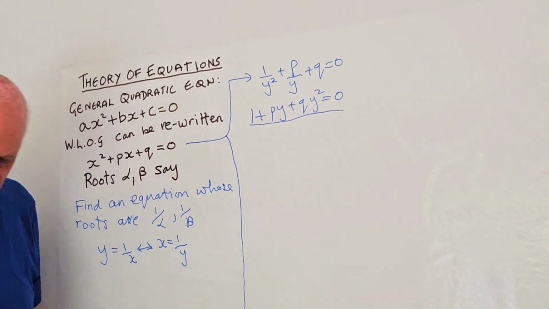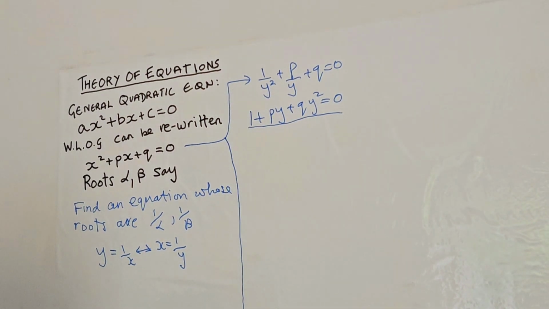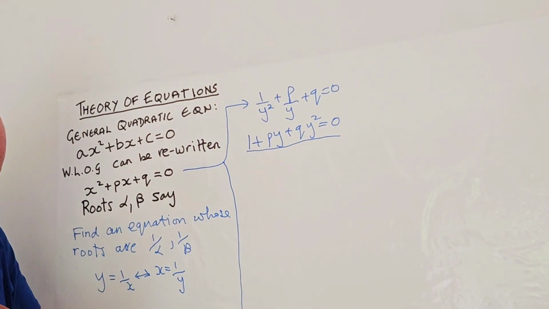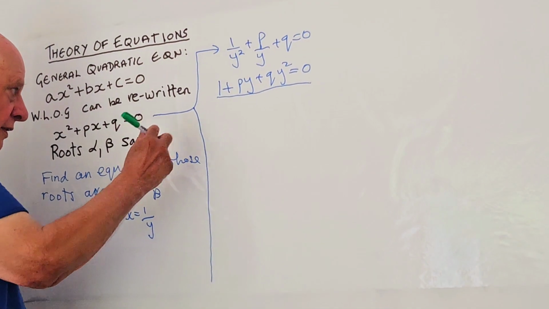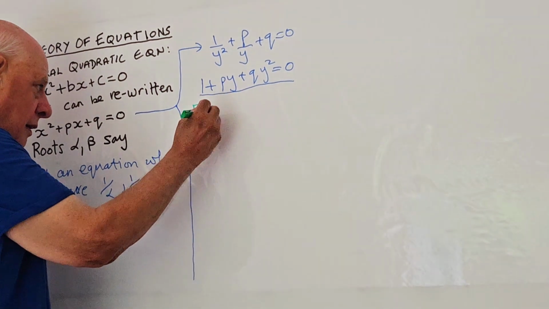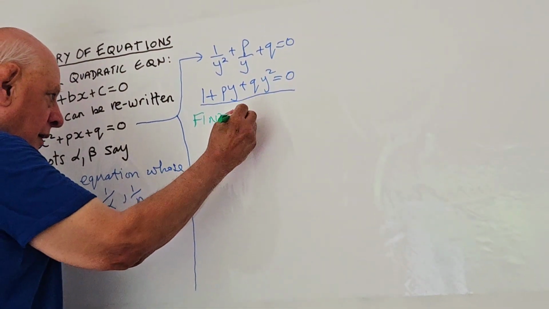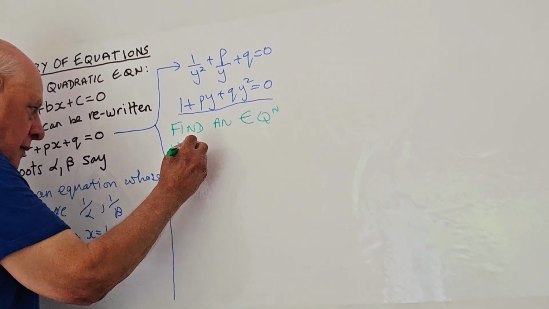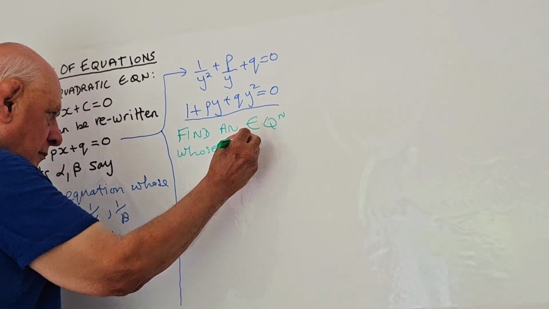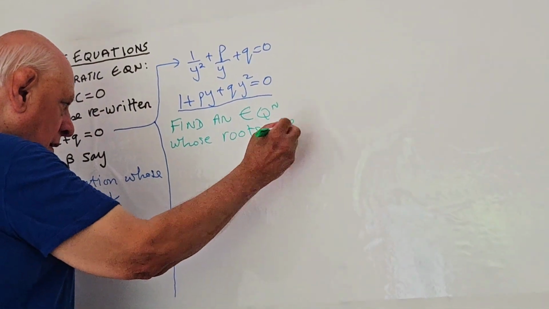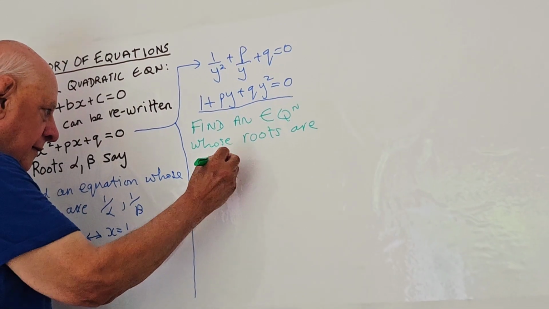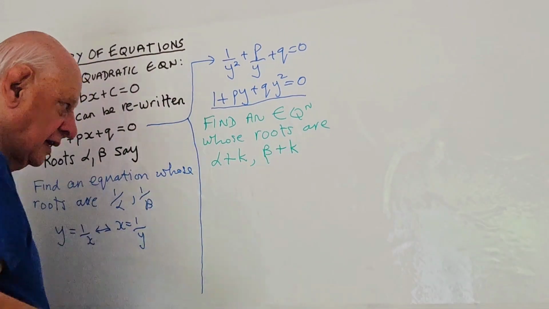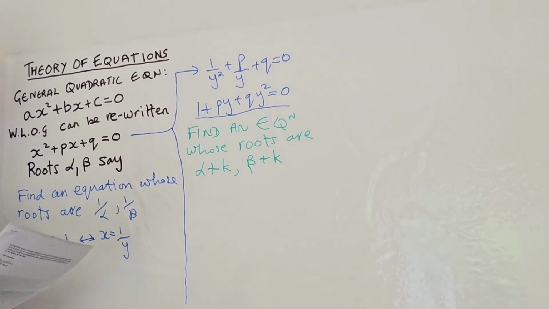Find an equation whose roots are alpha plus k and beta plus k. Say k can be a positive or a negative number, makes no difference.